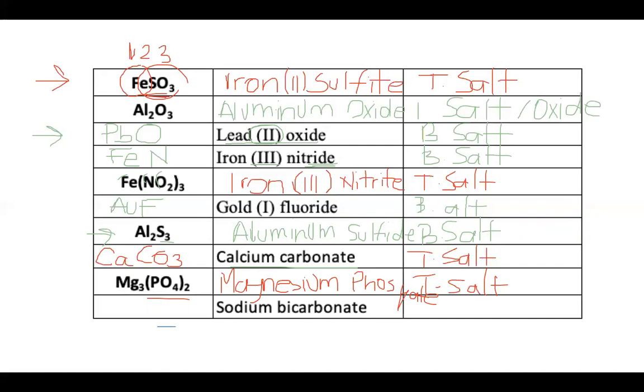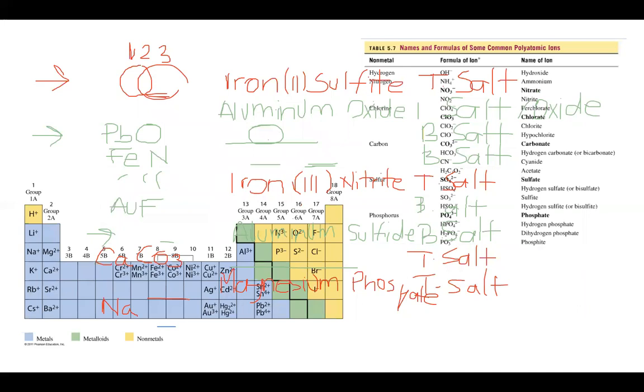And finally, we have sodium bicarbonate, okay? I know that in the formula I will have an Na because it's for sodium. Now what I have to look for is what is the symbol for bicarbonate. Okay, bicarbonate, let's see, what is it?